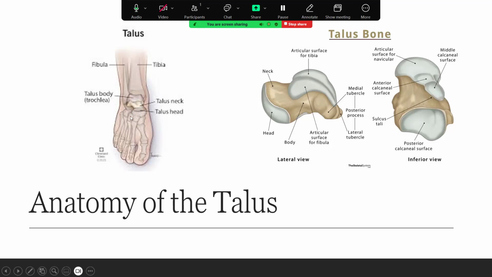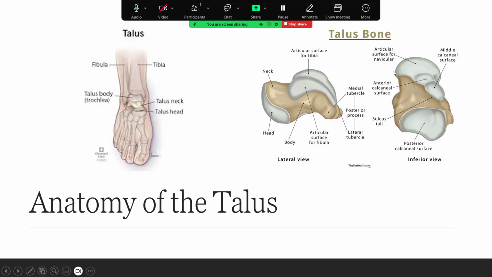And these few bones here, the calcaneus, talus, navicular, and cuboidal, are not commonly fractured, but when they do, it produces a significant disability for the patient, because the ability to walk and have a stable foot is completely taken away. So that's where you have a lot of issues with the talus.